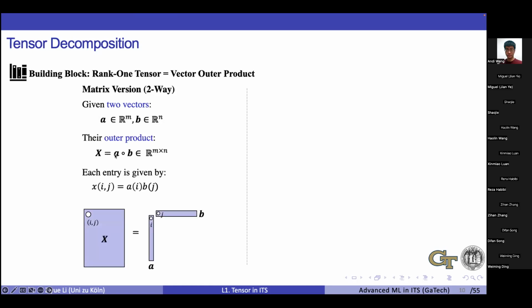The outer product of A and B is a matrix with dimension m times n, where each element is obtained by multiplying the ith element of A and the jth element of B. In the tensor version, we have three vectors with dimensions m, n, and p.